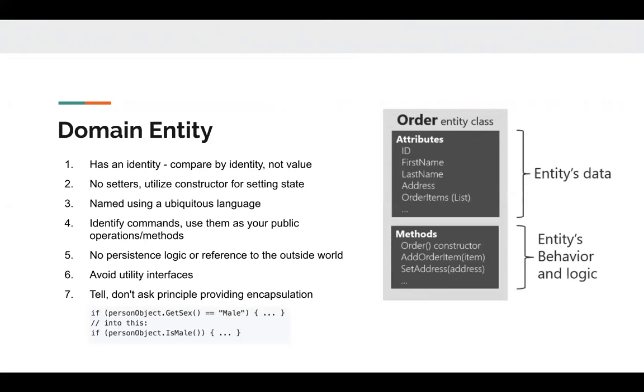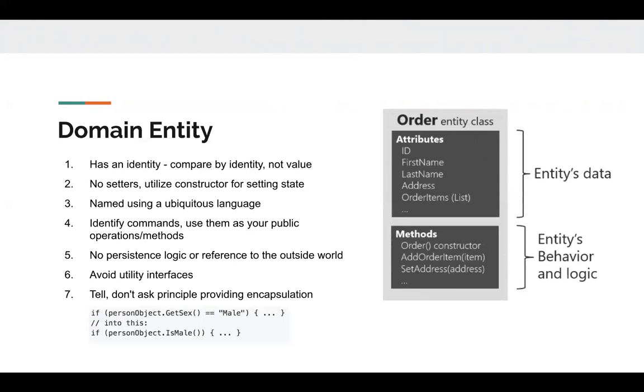There are no setters. Again, a lot of what I'm going to say here is best practice. This is the ideal. It's going to keep your domain model from becoming leaky or invalid. So no setters. You should always utilize constructors for setting the state, and use methods instead of setters.